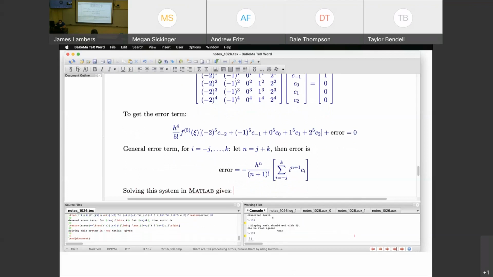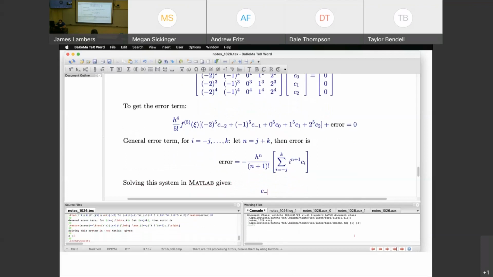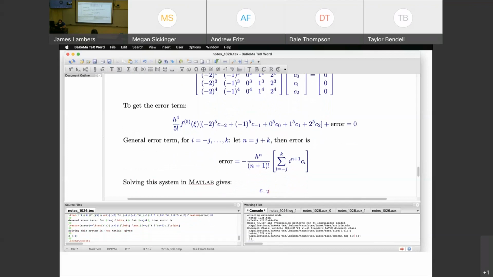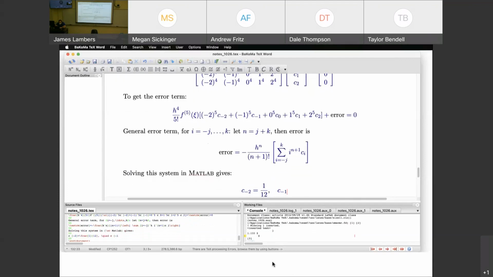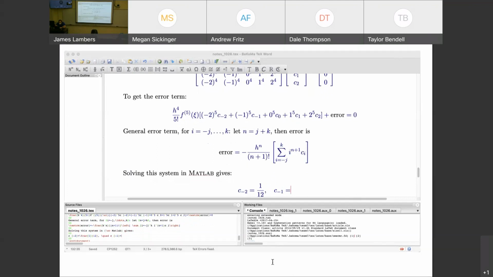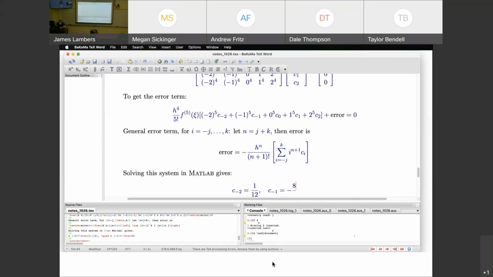So here are the coefficients I get. I'm sort of cheating here from where I went to Matlab earlier. C_{-2} is equal to 1/12. C_{-1} is equal to minus 8 twelfths, minus 2/3.